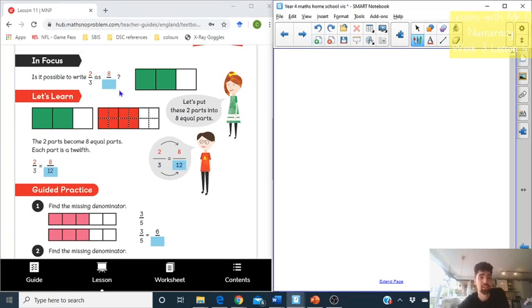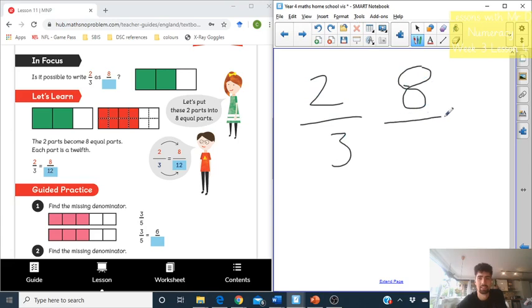Can 2/3 be equivalent to 8 somethings? If I've got 8 parts. Okay, so things that we could rule out, could it be thirds? No, that's a bigger fraction than what I've already got, so it can't be that.